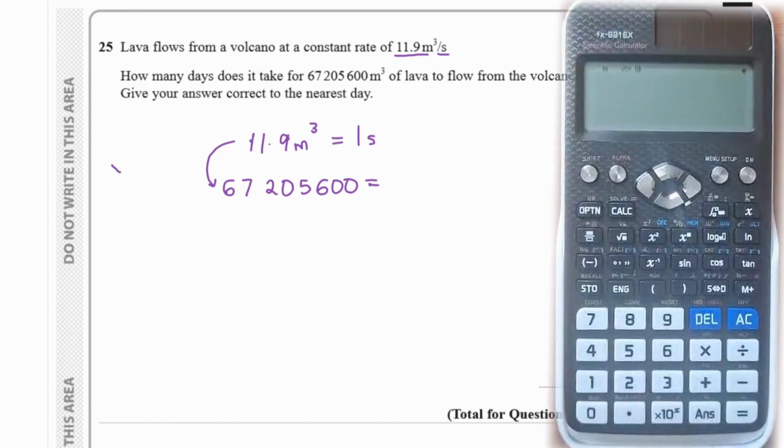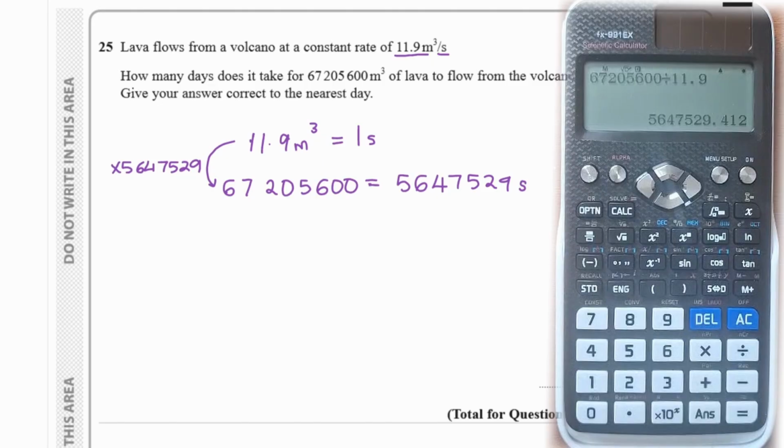So we can do this number divided by 11.9, and this gives us 5,647,529, which means we have multiplied the 11.9 by this, and therefore if we do the same to the 1, this means that this will take 5,647,529 seconds.